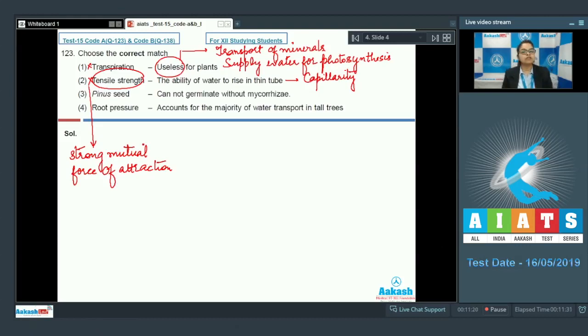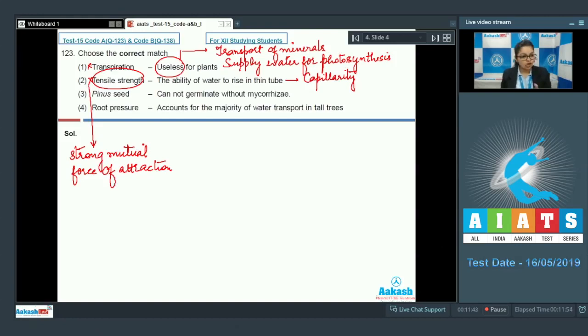Because of this mutual force of attraction, these water molecules remain attached together, right? And here this tensile strength can also be known as cohesive forces. Alright, so this statement is also incorrect. Option 2 is wrong. Moving to option 3.